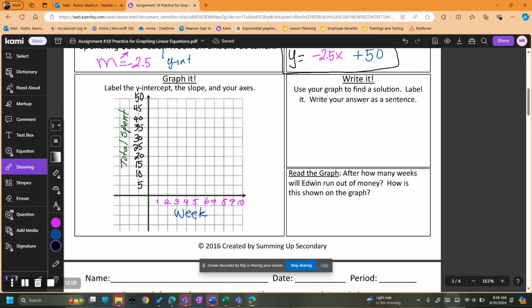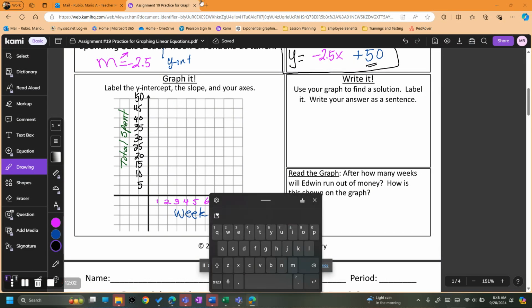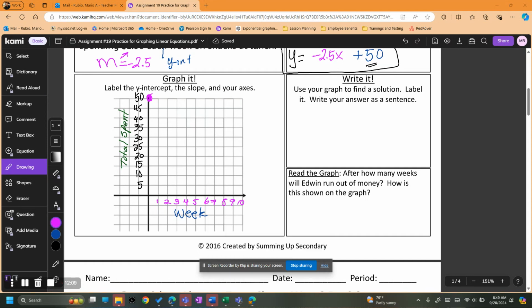Now in this one, he's going to start at 50. That's his first point. He's got $50 in his bank account. And because it's negative, we're going to go down 2.5 for each week. If each one of these squares is 5, $2.50 is half of that. And then we go over 1. Then another half and over 1.